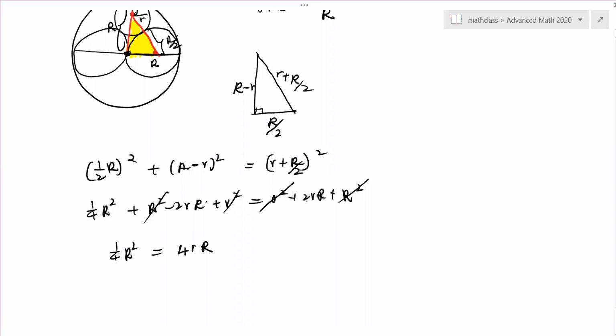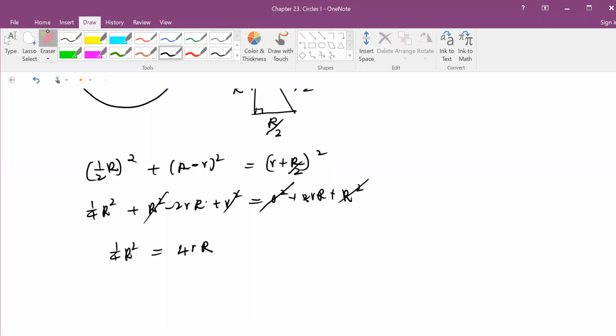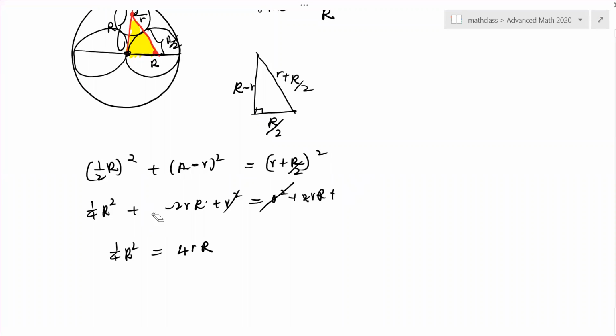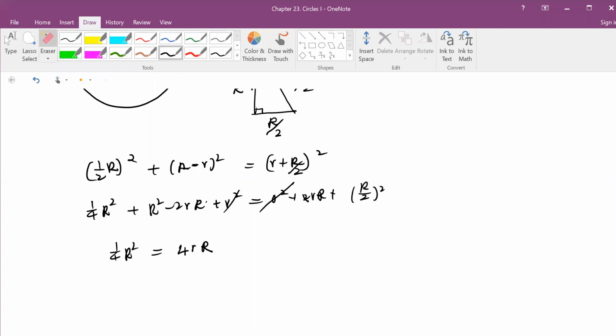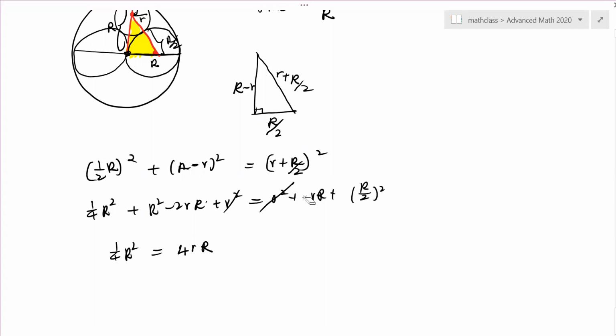So that will be... no, and I cannot cancel this. Okay, so let's keep R squared, and this is a half of R squared. Yeah, be careful about this, you know.